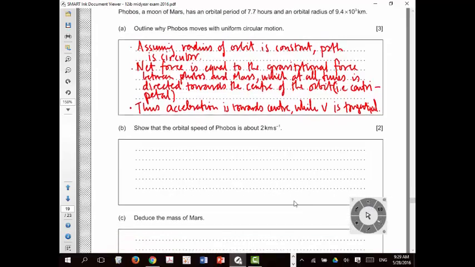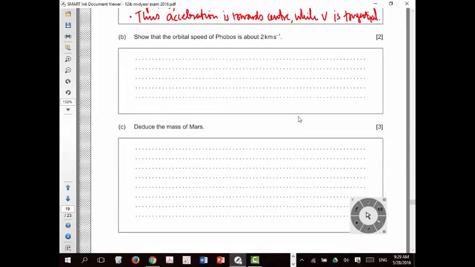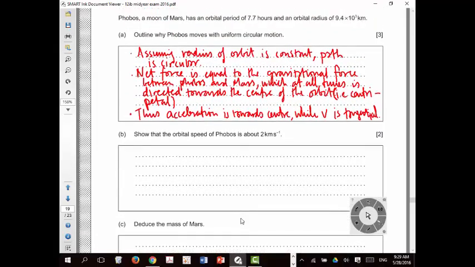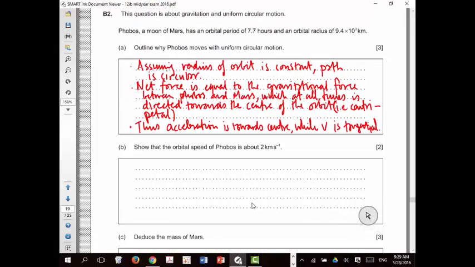Alright, the next question says, show that the orbital speed of Phobos is about 2 kilometers per second. I'm going to scroll down just so I can see, can I fit both the information and the question? Yes, I can.